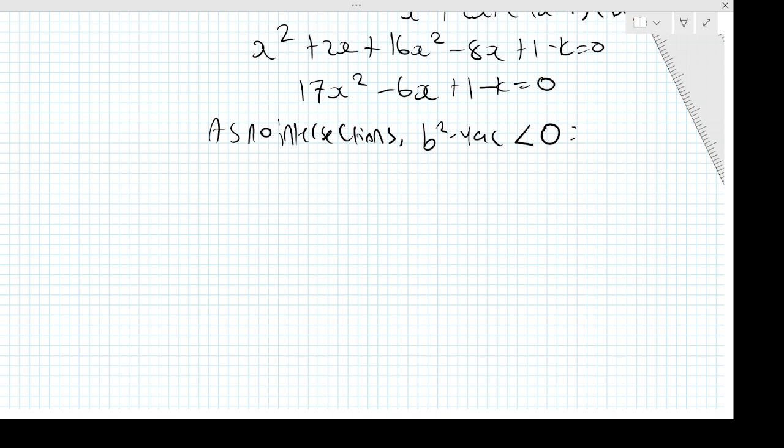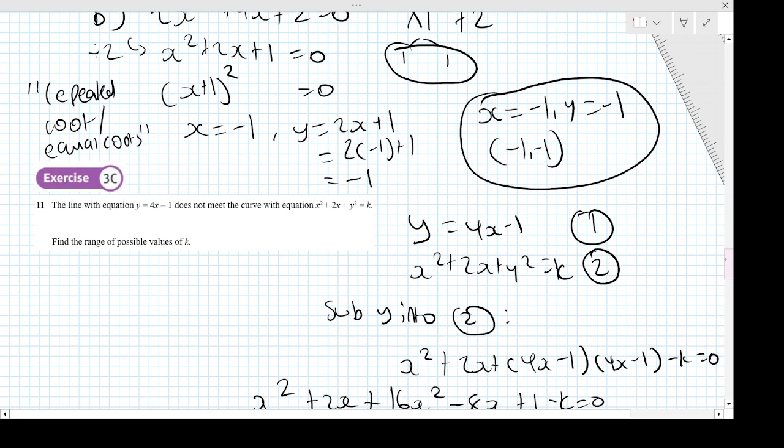So for this quadratic, if we work that out, b squared, so minus 6 squared would be 36, minus 4 lots of 17, lots of 1 minus k, is less than 0. And we're going to get an inequality, which makes sense because it told us to find the range of values of k.